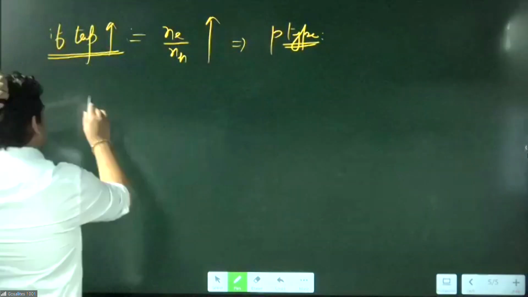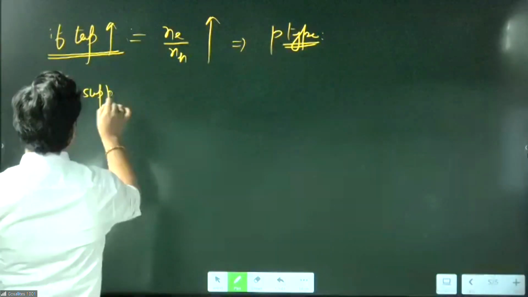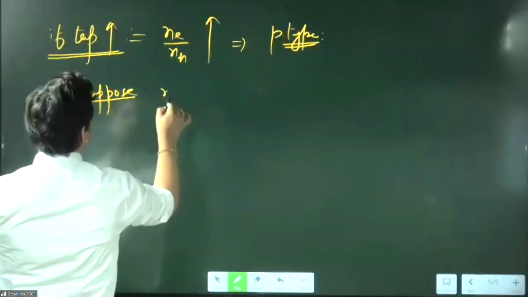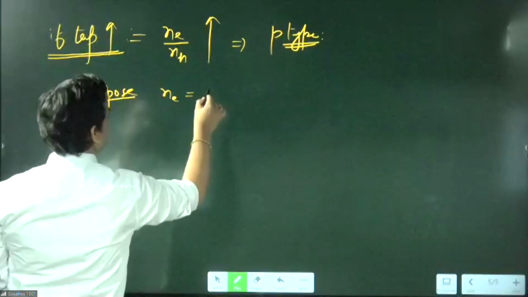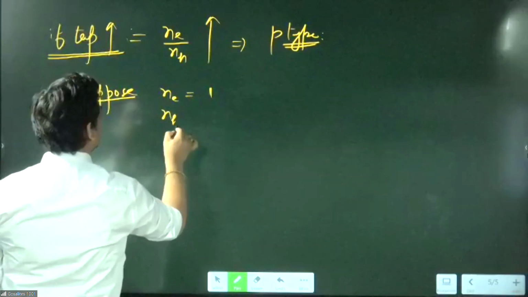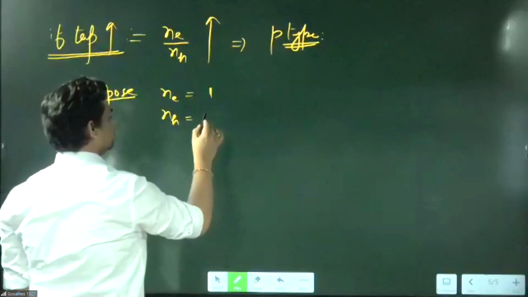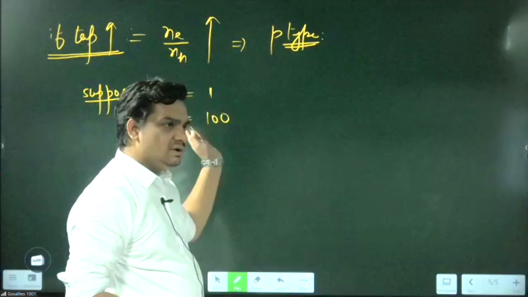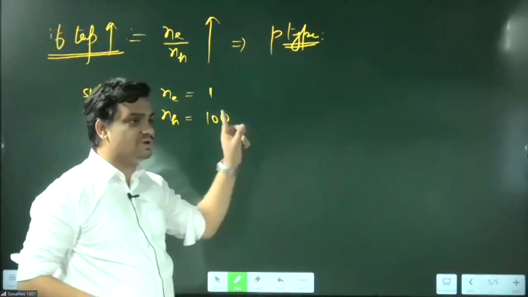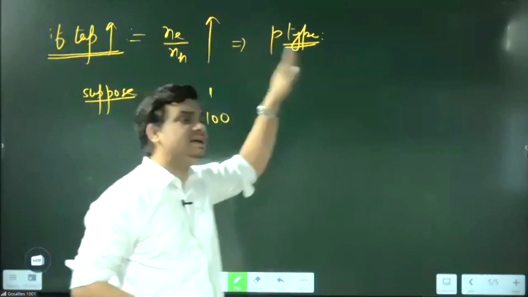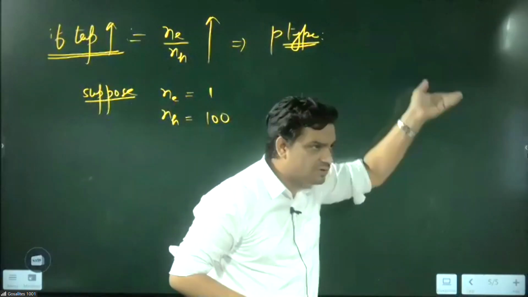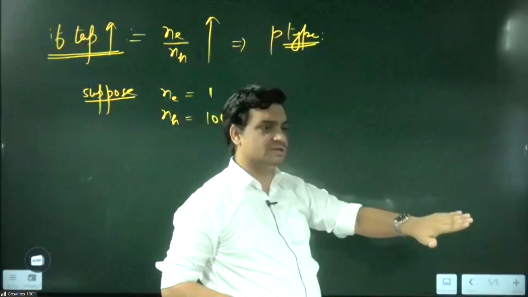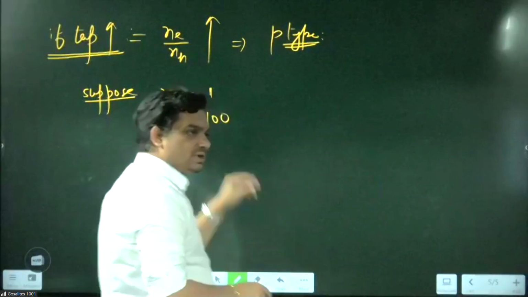Suppose in p type, everyone knows electrons are less and holes are more. Say electrons are 1 and holes are 100. If we want to prove the same thing for n type, you will take more electrons and fewer holes. Here I have taken p type.